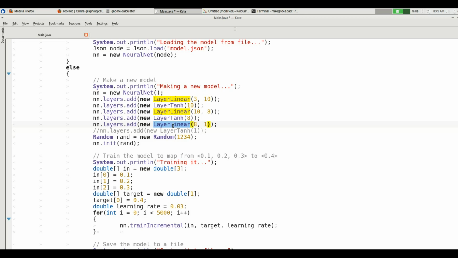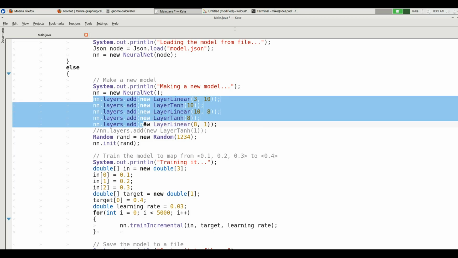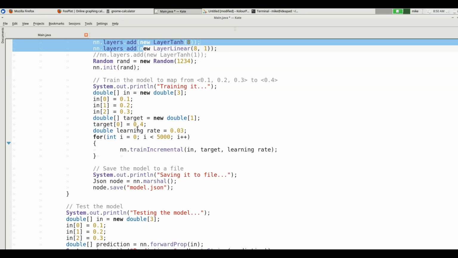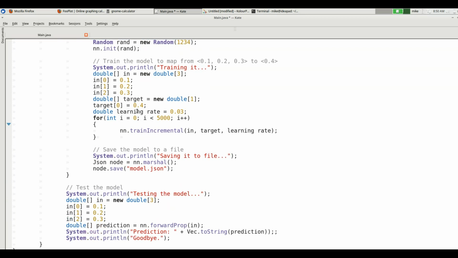The answer is yes, it does work. The only risk is it makes it slightly more unstable. So in order to train a neural network like this, you need to make your learning rate much, much smaller. Whereas right here, I told you to use 0.03.